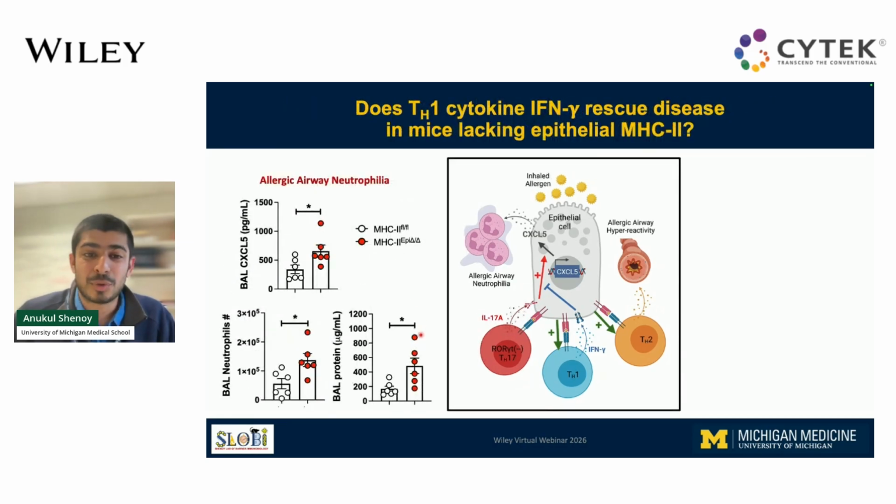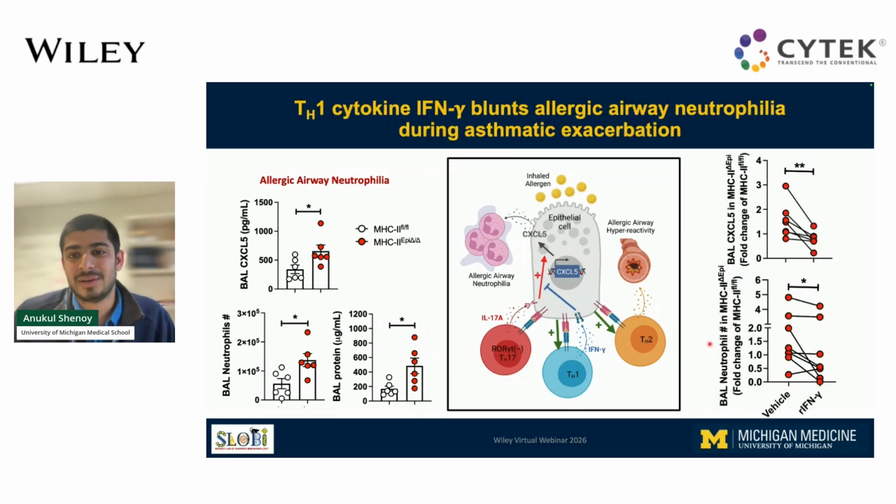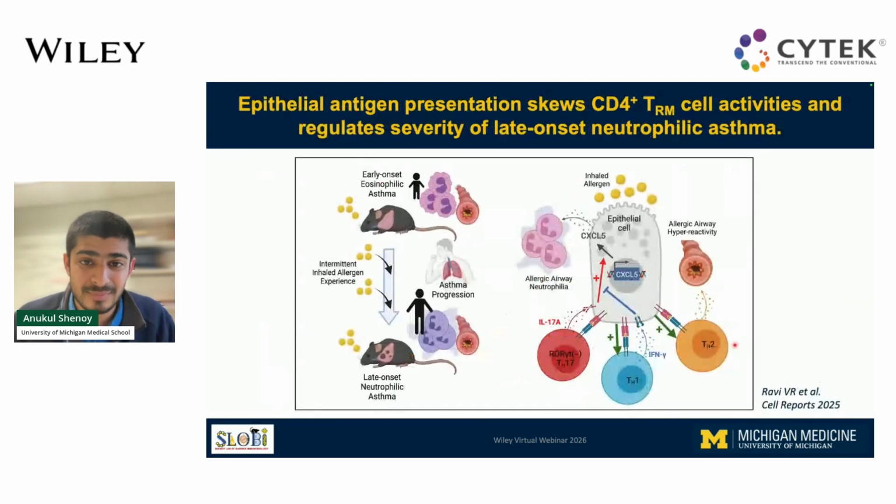But then the true test for us was, if that is really the case, we should be able to supplement recombinant interferon gamma to these mice that have robust neutrophilic influx, and hopefully we can bring them down. And turns out that is indeed what happens. If we take the mice and give them recombinant interferon gamma, despite absence of epithelial MHC class 2, we could dampen the CXCL5 response and neutrophilic influx in these exact same lungs.